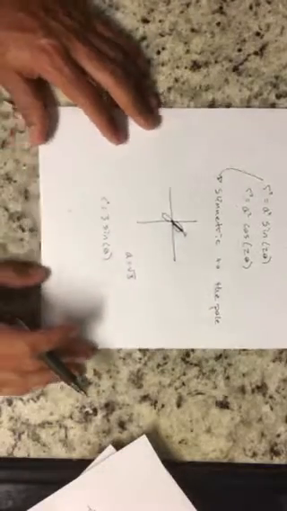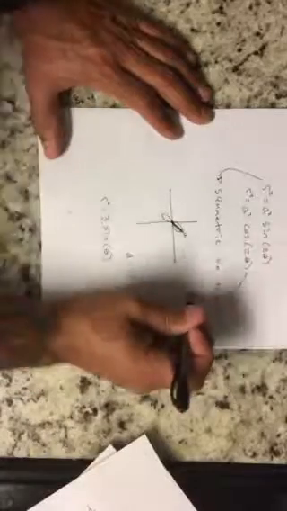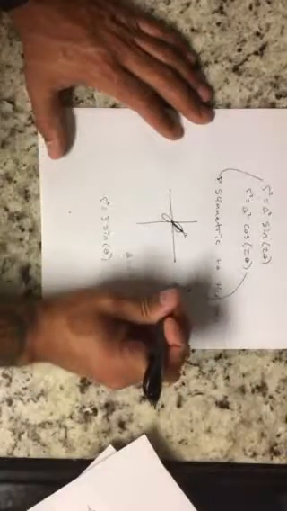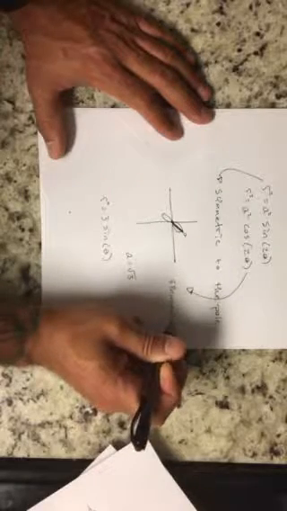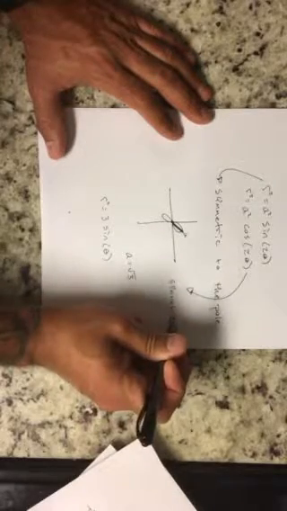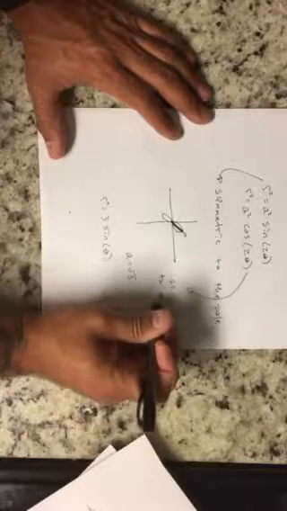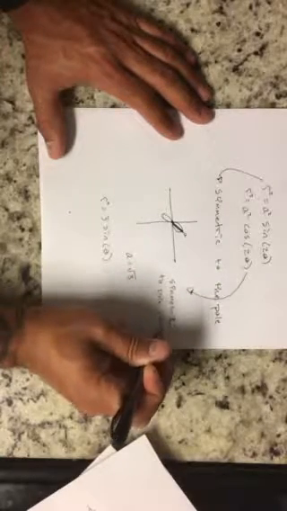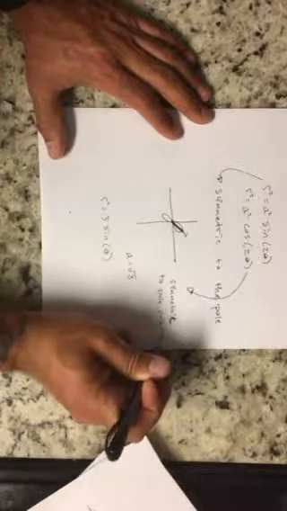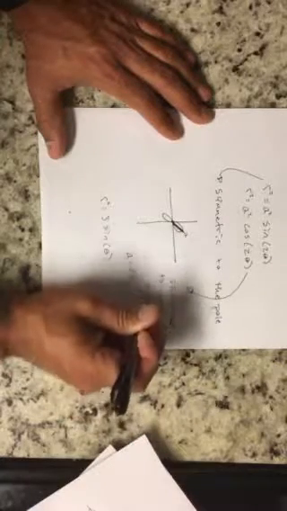If I'm using the cosine, it's going to be symmetric to the pole, to the polar axis, and to theta equals pi over 2.